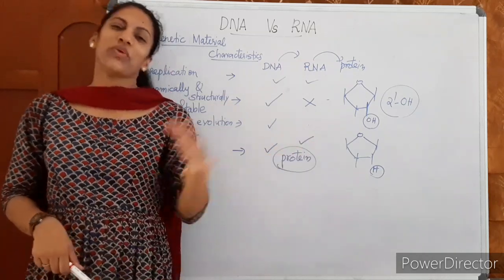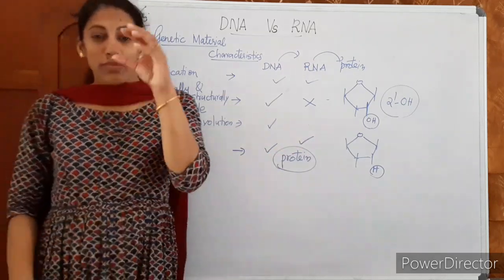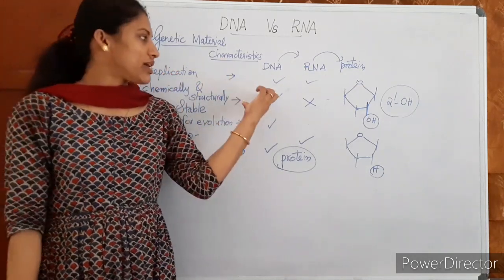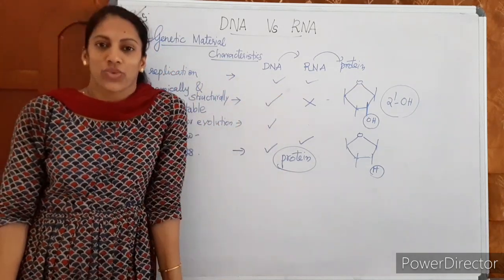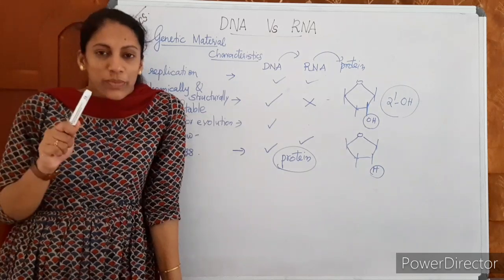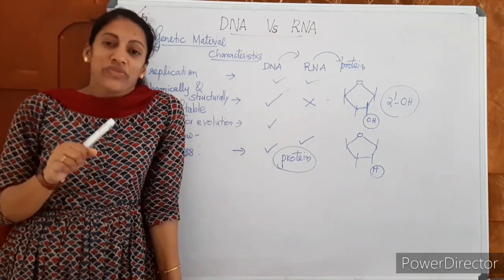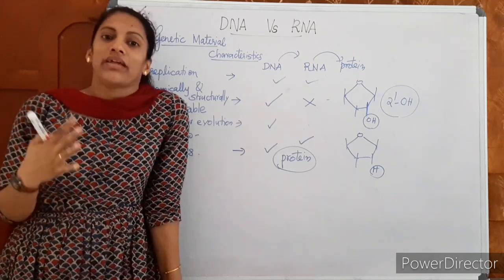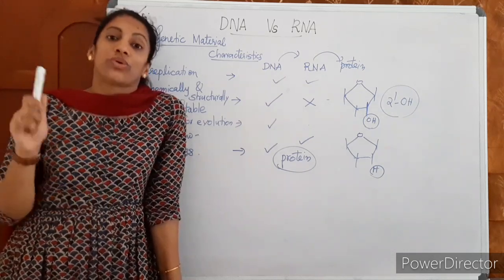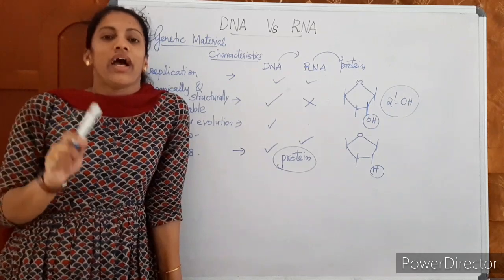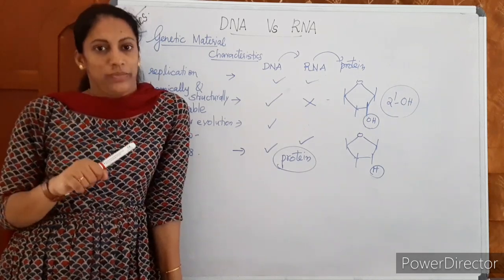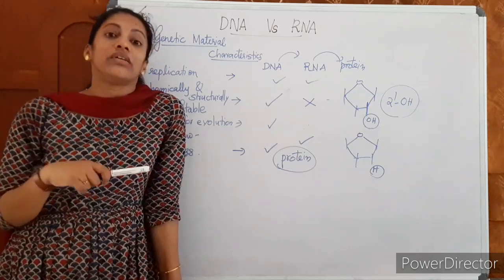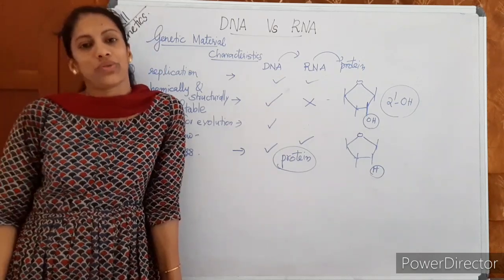When we discuss DNA versus RNA, the most important concept is the second one, stability, and we consider DNA as the best. If a genetic material is unstable and highly reactive, it creates a lot of problems with sudden changes and mutation. So we consider DNA as the best genetic material. The presence of thymine in DNA also gives additional stability to DNA.